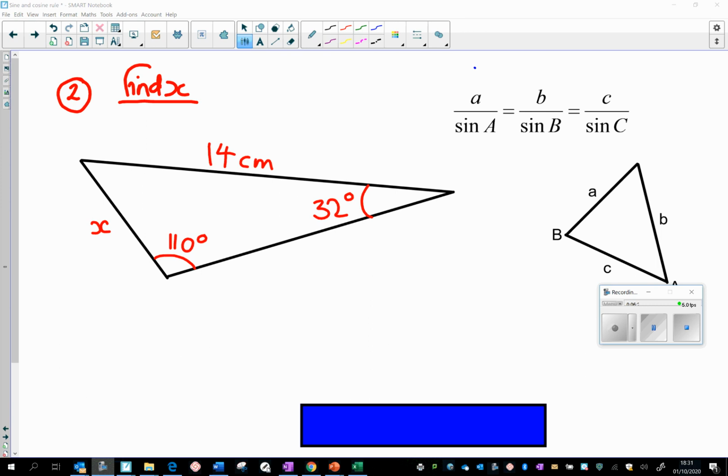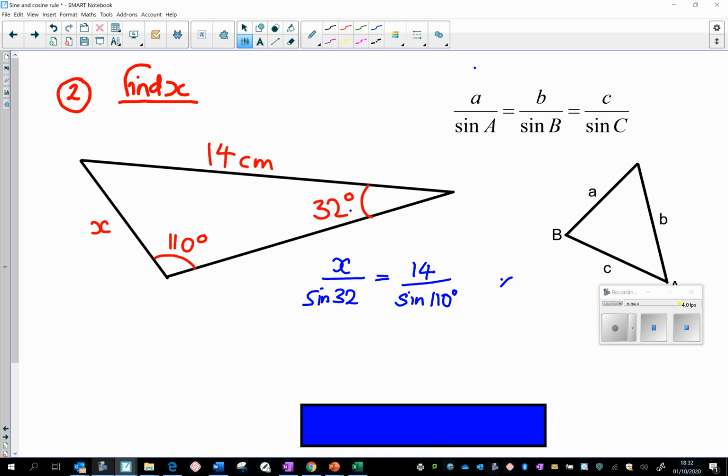Okay, let's try another one. So here we're trying to find side x. So we know from the sine rule that x divided by the sine of the angle opposite, well, that's sine 32, is going to equal, okay, the other side that has to go on top, 14 divided by sine 110.